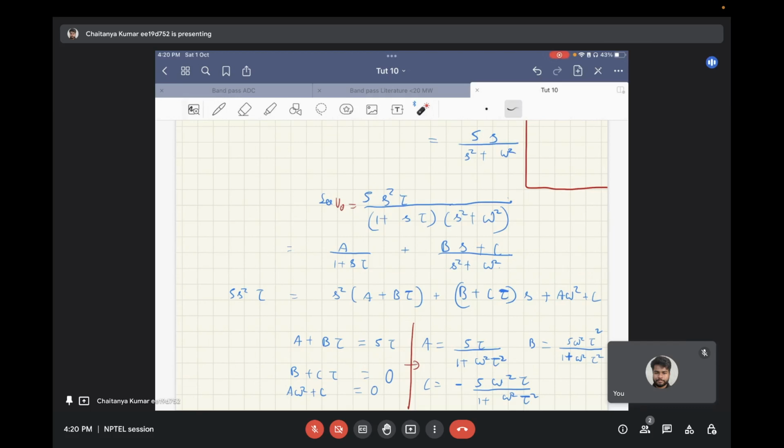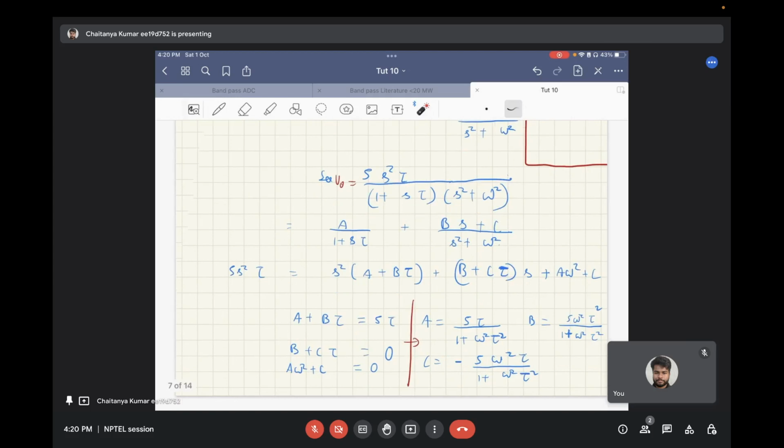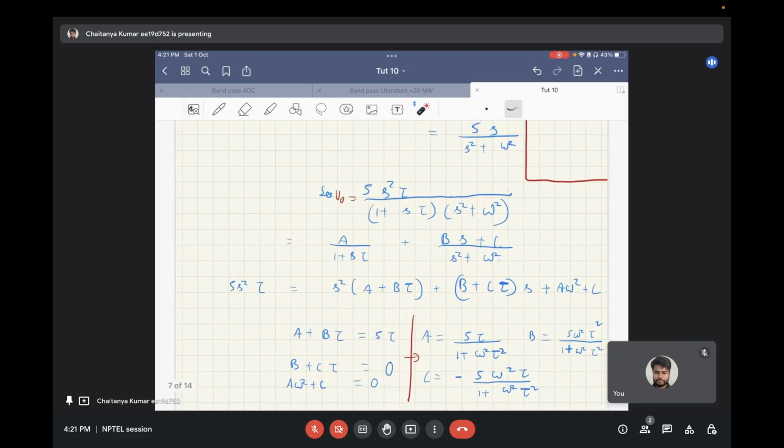From these three equations, you can find the values of A, B, and C. So A comes out to be 5 tau upon 1 plus omega square tau square. B comes out to be 5 omega square tau square upon 1 plus omega square tau square. And C comes out to be minus 5 omega square tau upon 1 plus omega square tau square.